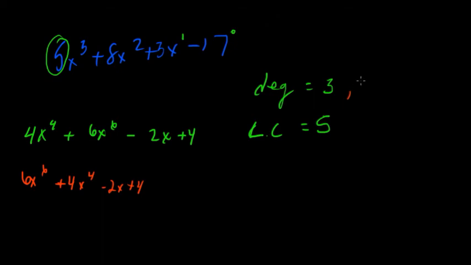Our degree will be 6 because it's the highest degree here: this is 6, this is 4, this is 1, this is 0. And the leading coefficient is the coefficient of this highest degree monomial, which is 6. Once it's in standard form, we just look at the very first number.